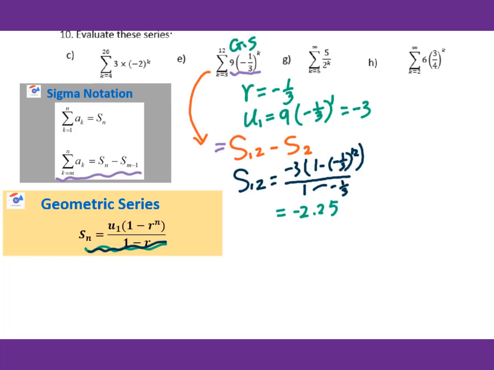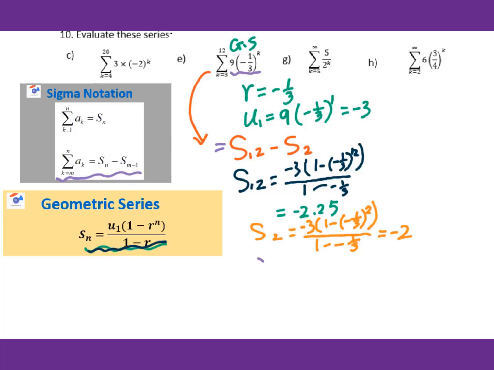You will get negative 2.25 for S sub 12. S sub 2 equals negative 3 times 1 minus negative 1 over 3 squared, then over 1 minus negative 1 over 3. You will get negative 2.